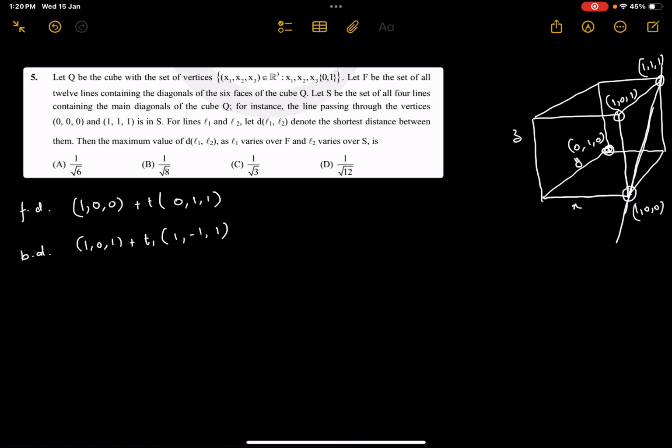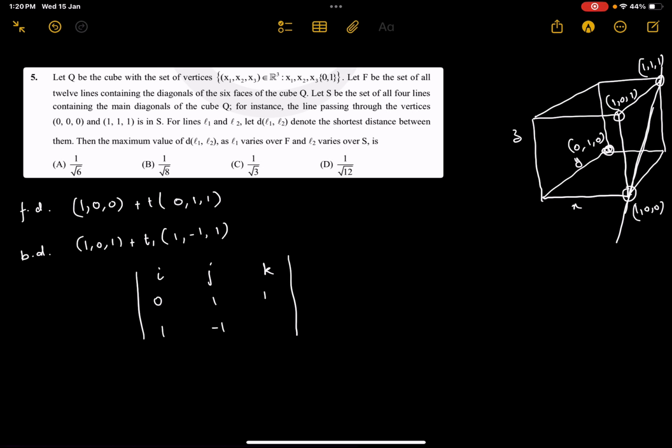Now we need to find the minimum distance between these two. So that distance would be along the line which is perpendicular to both of them. So to find the vector perpendicular to both, we'll take the cross product.